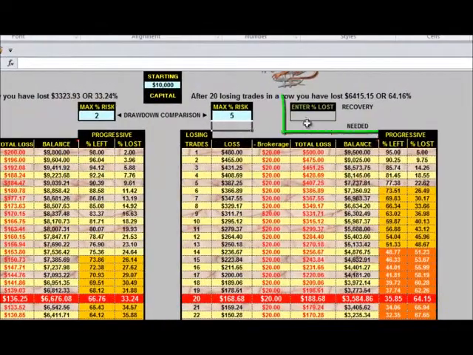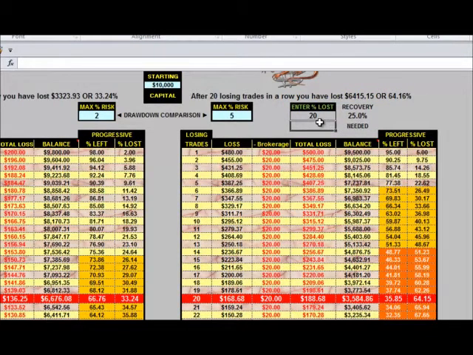And to take this a little bit further, this box right here will help calculate how much you need to recover if you lose a certain percentage. So let's say, for example, that we lose 20% of our account. What this will calculate is the return that I would need to get in order to get that 20% back into my account. And this number grows exponentially.